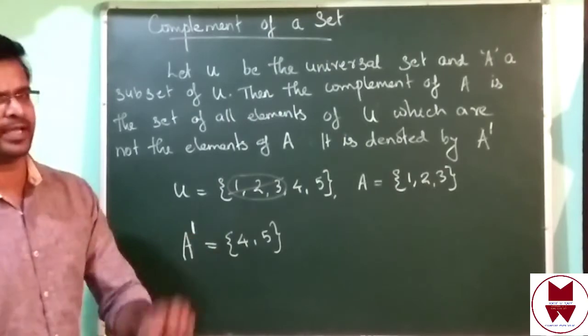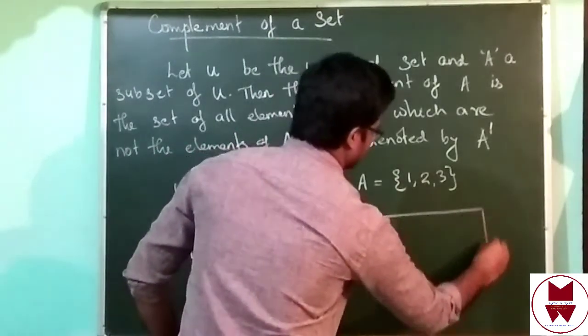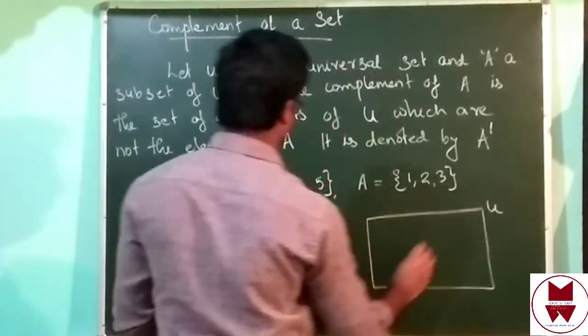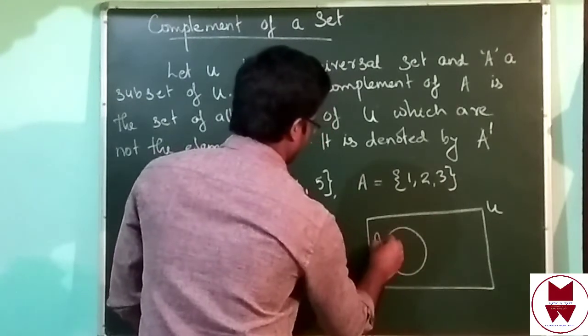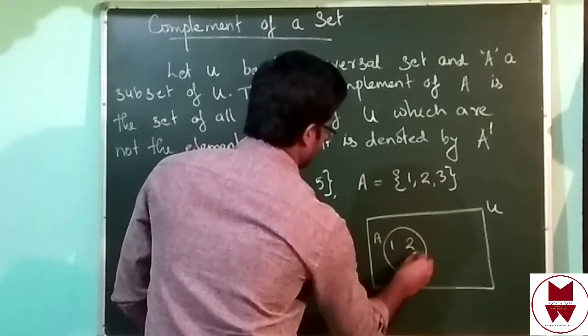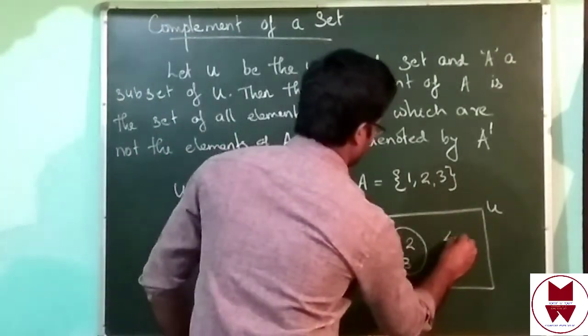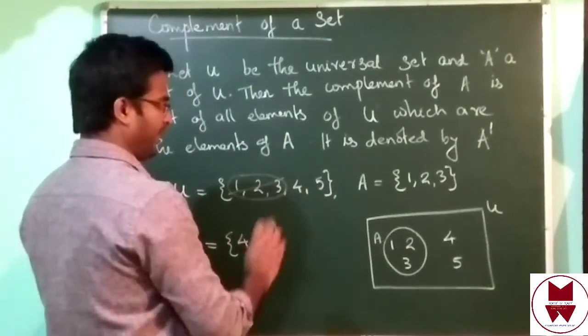Then using a Venn diagram we can also check this. This is the universal set U. Then one set A, where you can write 1, 2, 3, the 3 elements. Then 4 and 5 we can write outside. Then what is A complement?